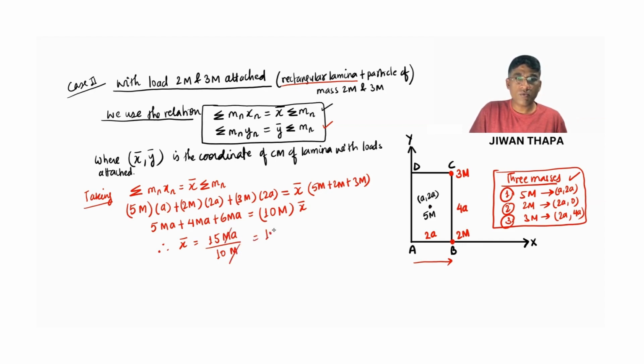We have 1.5a. Therefore, the x coordinate of the center of mass of the uniform lamina, considering all the masses attached, is 1.5a.